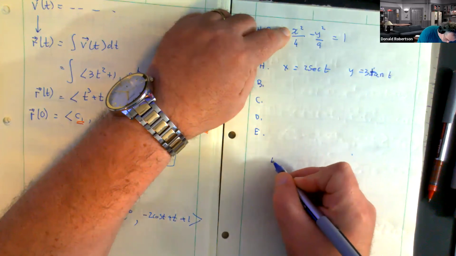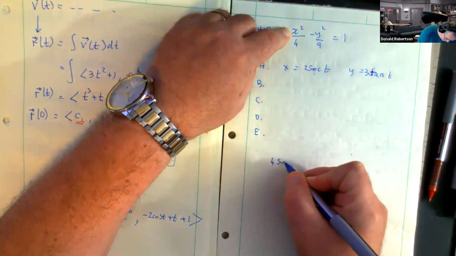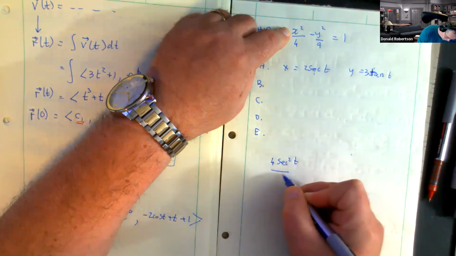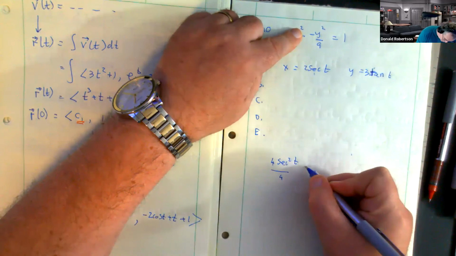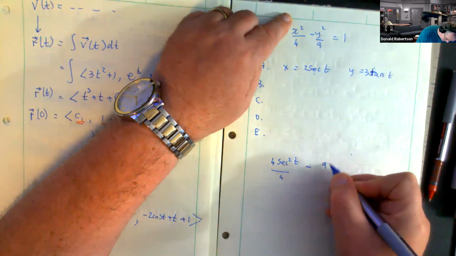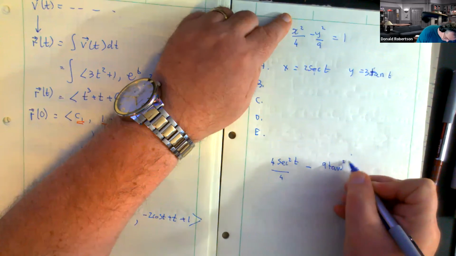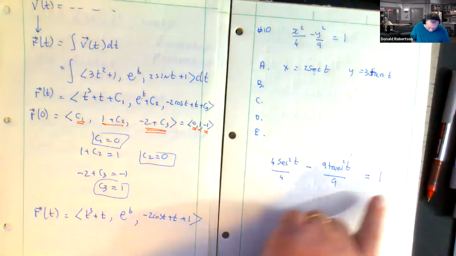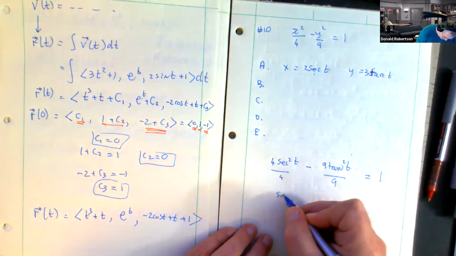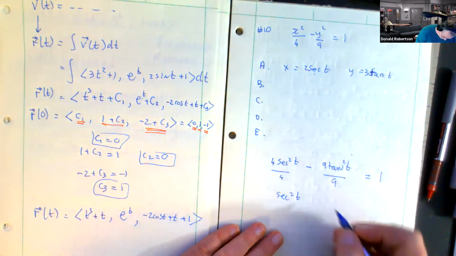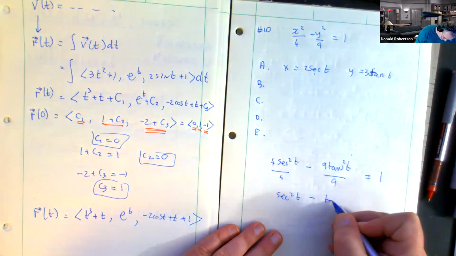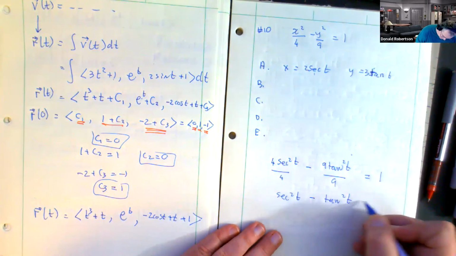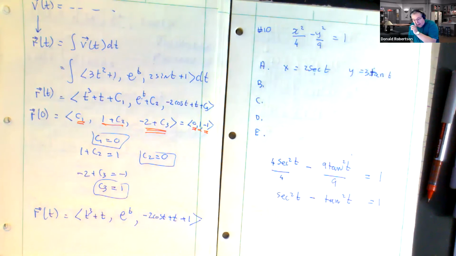X squared, if you square this guy, you get 4 secant squared t over 4. And if you square this guy, you get take away 9 tan squared t over 9. And if this works, that should equal 1. Well, that guy gets me secant squared t, and this guy gets me negative tan squared t. That should equal 1, right? So far, so good.